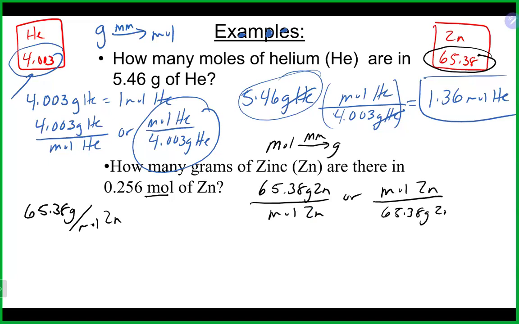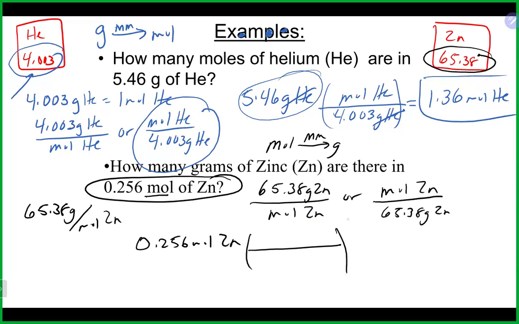65.38 grams of zinc. Here we're going to start with what they gave us, which is 0.256 moles of zinc. Moles of zinc is up on top, so we want moles of zinc on the bottom. We want to use this conversion factor of the molar mass so that opposites cancel.